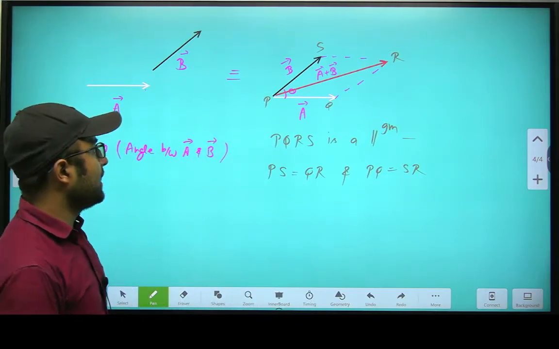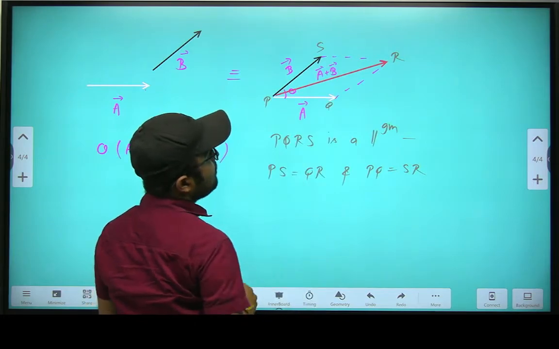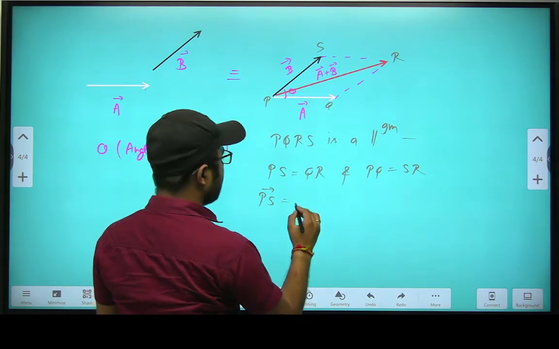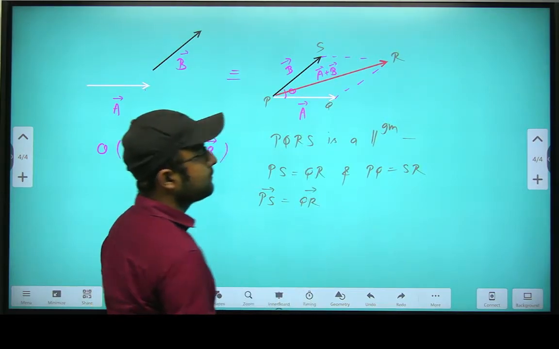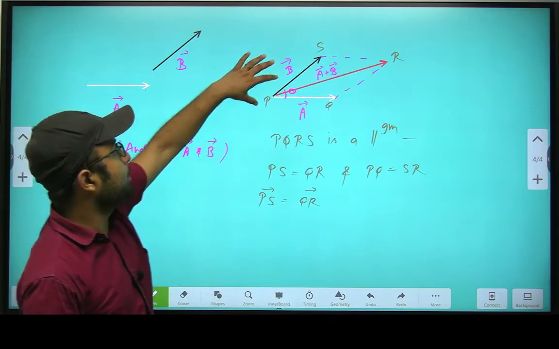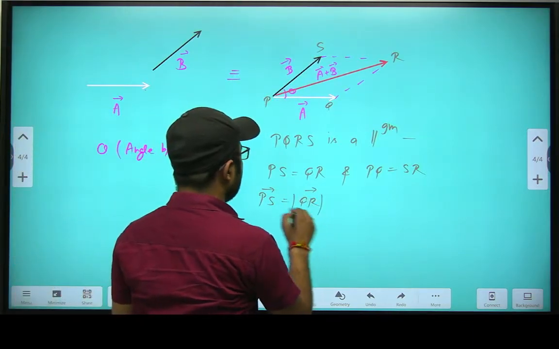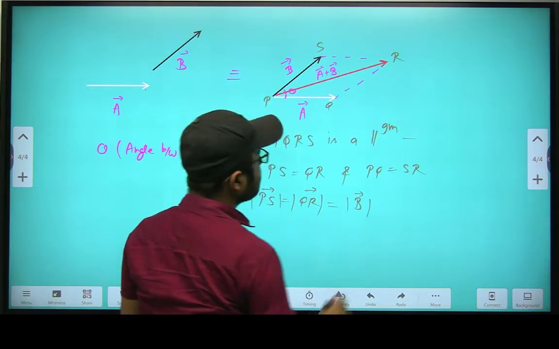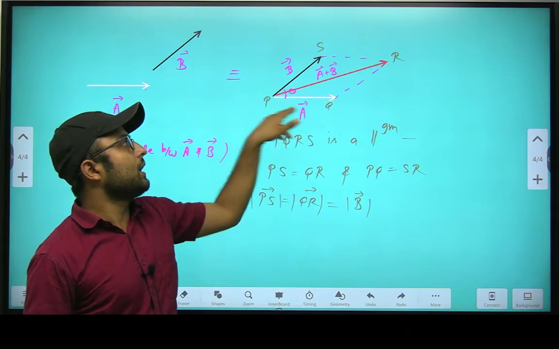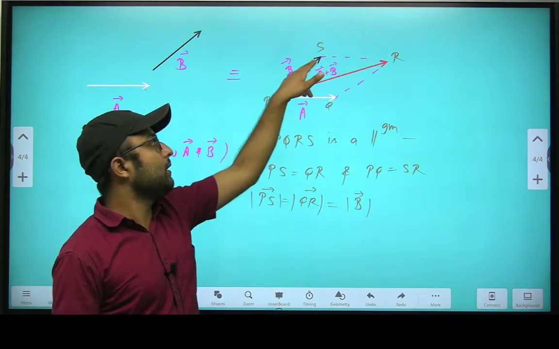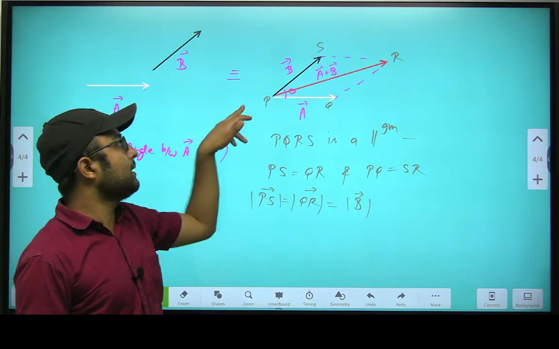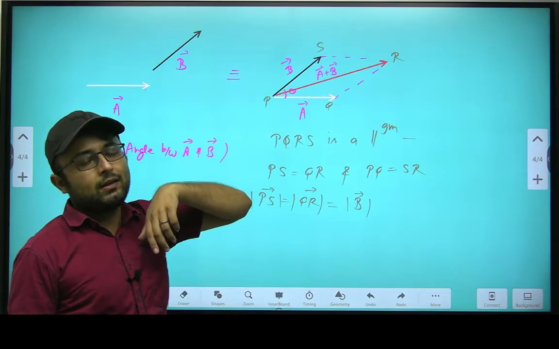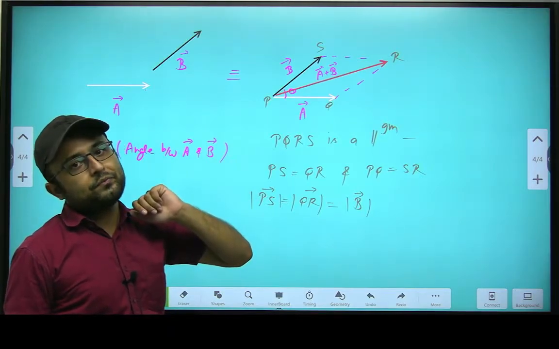If side PS is equal to side QR, we can write vector PS will also be equal to vector QR, because they are parallel vectors as well as the same in magnitude.